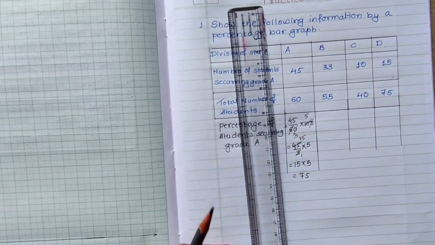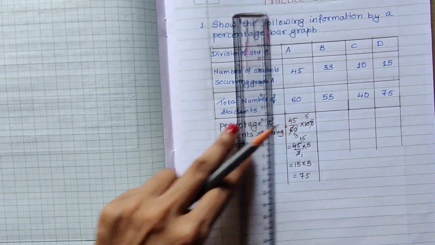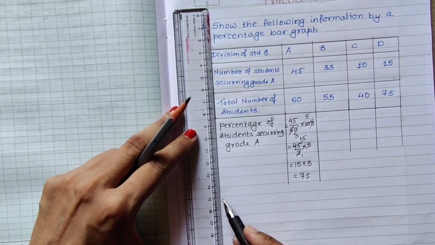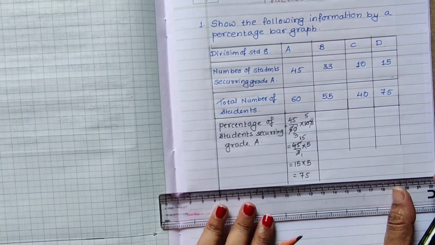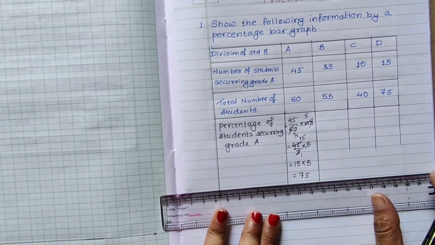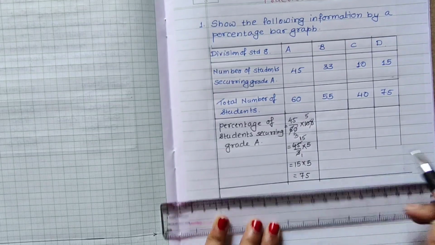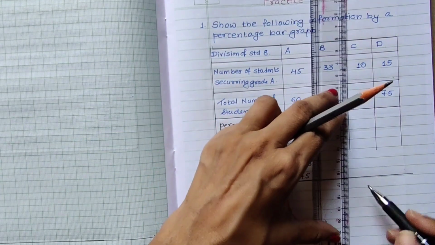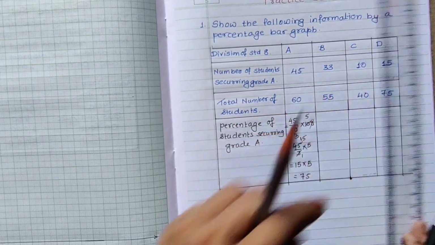So in this way we have got the percentage of students in standard 8A who secured grade A. So 75% of the students in division A have secured grade A. In this way we have to keep on calculating so that we can get the percentage.